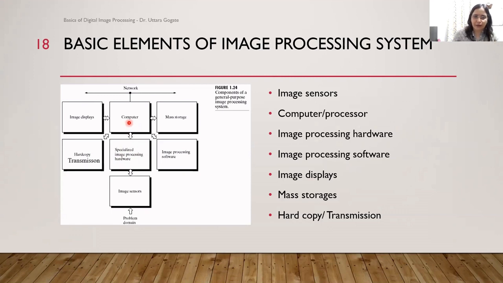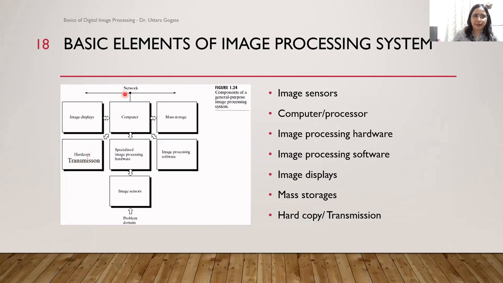Then after storing it on the computer, either you have to store it or you have to display it. So you have a mass storage device to store the images, and you have a display device to display the images, or you can take a printout as a hard copy.